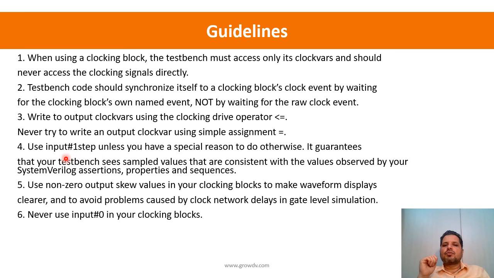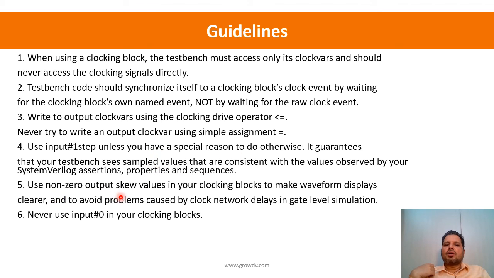And then you use for the input skew $1 step, unless you have some special reason, because this ensures that your clocking block is sampling in a way very similar to the way the SystemVerilog assertions are sampling, because your assertion is sampling in the preponed region, and the $1 step which we have talked about uses one time precision unit, which is almost equivalent to either the postponed region of your previous time step or the preponed region of your current time step. So that sampling will ensure you have very consistent values.